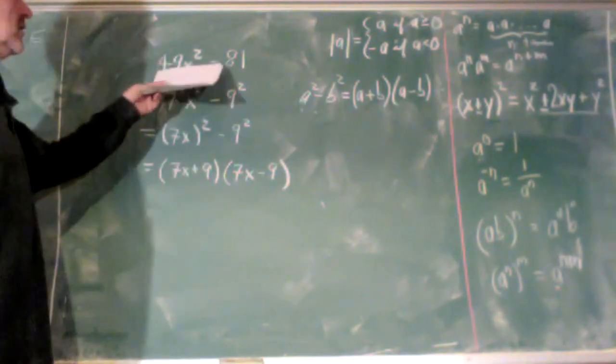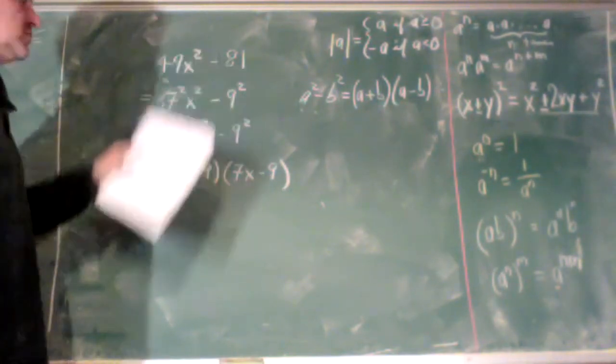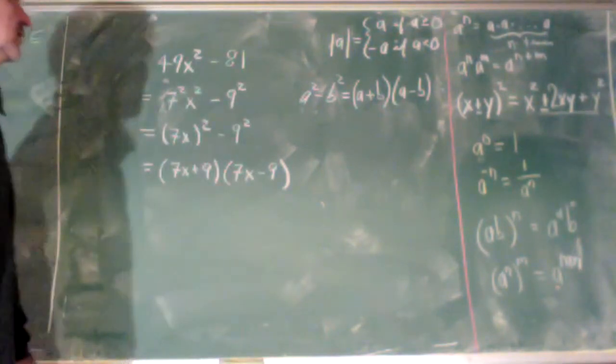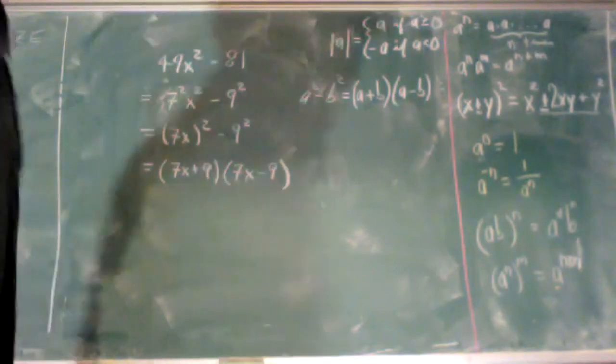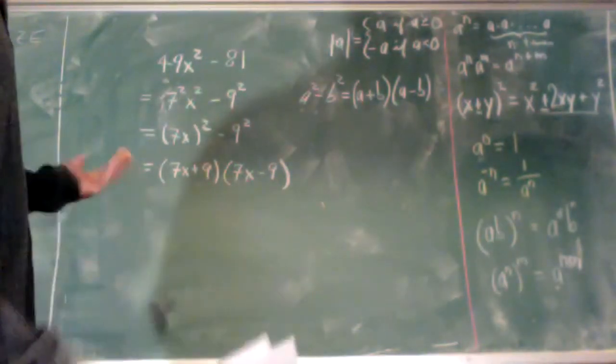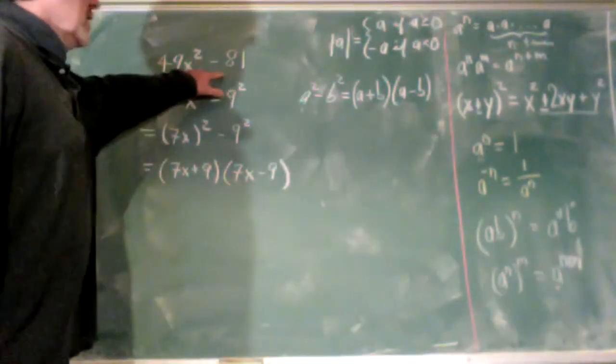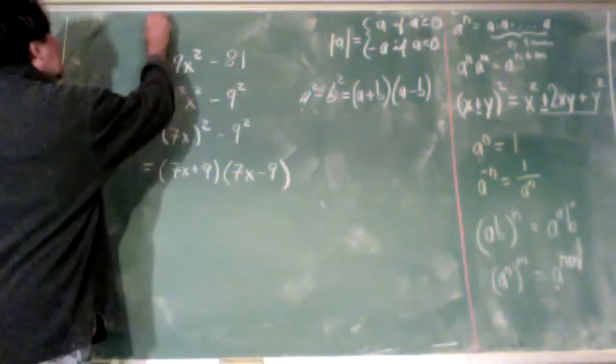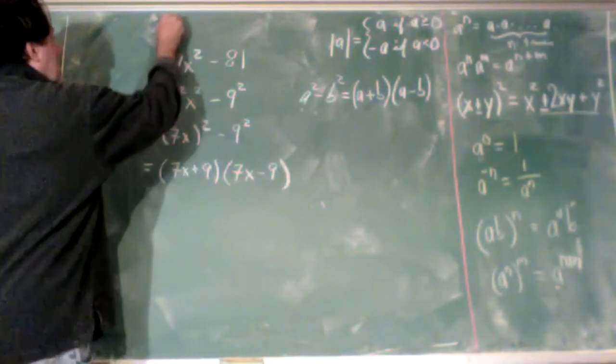Recognizing this is a special product, a difference of two squares, we immediately obtain the factorization if we have memorized it. Again, if we haven't, this is a quadratic trinomial.